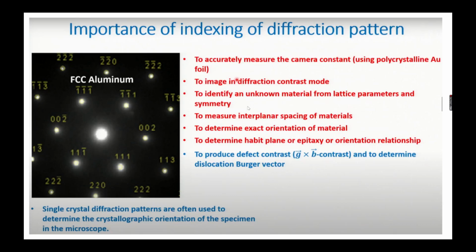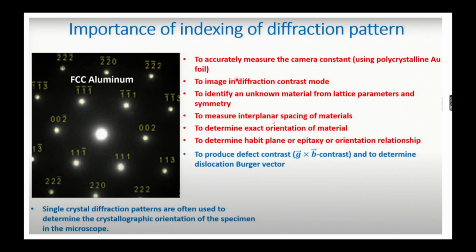From the lattice parameters and the symmetry, you need to know the lattice parameter and HKL. So suppose for aluminum or for an FCC crystal, what will be the lattice parameters, and what is the symmetry? You need to know the symmetry also.